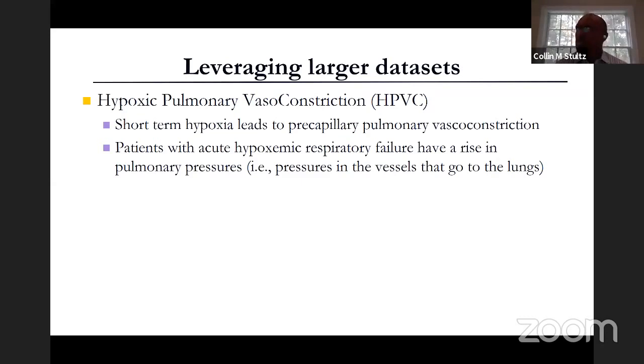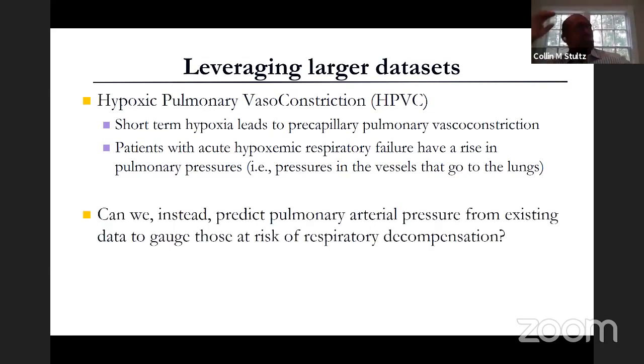It's a standard response that is well described in animals and in people within the pulmonary vasculature. For patients that go on to ARDS, hypoxic pulmonary vasoconstriction is a common mechanism. Those patients have a rise in their pulmonary pressure: the pressures in the vessels that go to the lungs go up because the resistance goes up where the lung is not oxygenating.